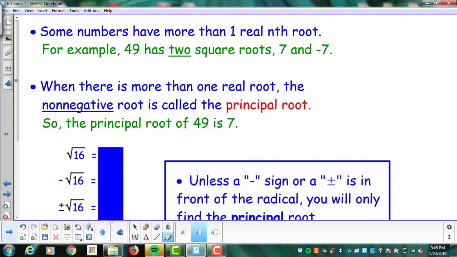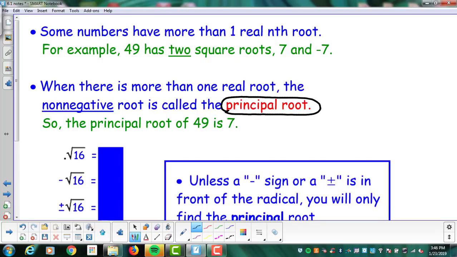So we always are aware that some numbers we're going to have 2 square roots. You're going to have the positive and the negative version. So whenever you're given a radical without a sign in front of it, it's asking for the principal root. Principal root is the non-negative root.